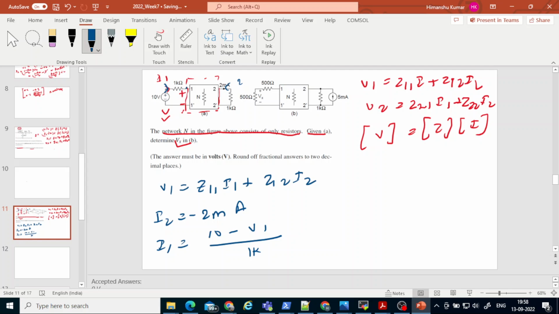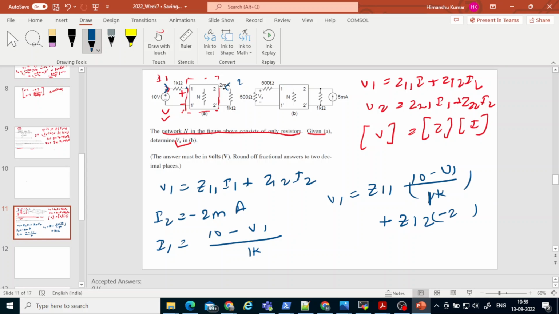Okay, so now we can replace this in the first equation. Now the equation will become V1 equals Z11 times (10 minus V1) by 1k, plus Z12 multiplied by I2, so minus 2.